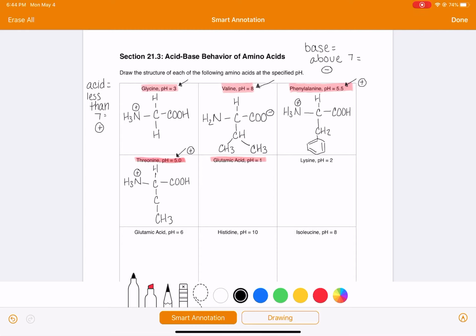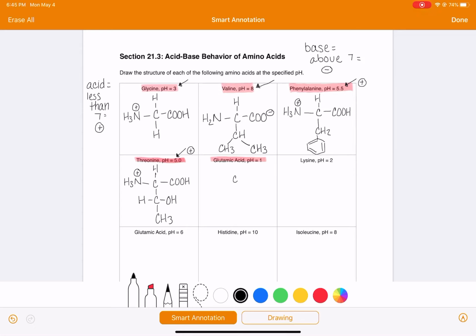The R group is only affected by pH if it's one of the basic amino acids or one of the acidic amino acids. The acidic amino acids, aspartate and glutamate, or aspartic acid and glutamic acid, that's what we're looking at next. So next up, we have glutamic acid.